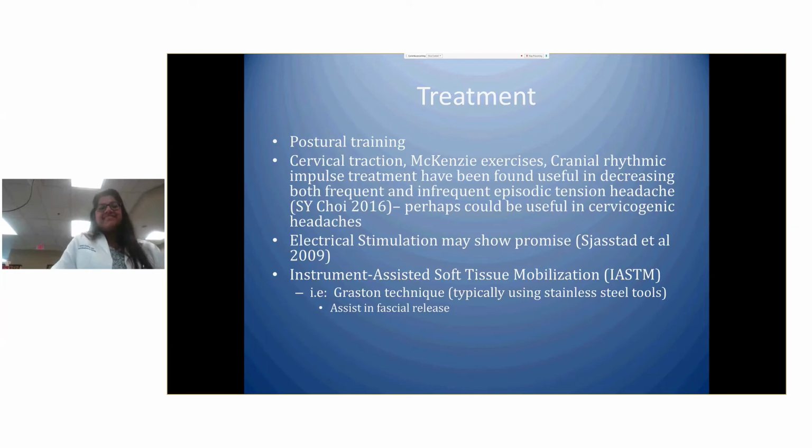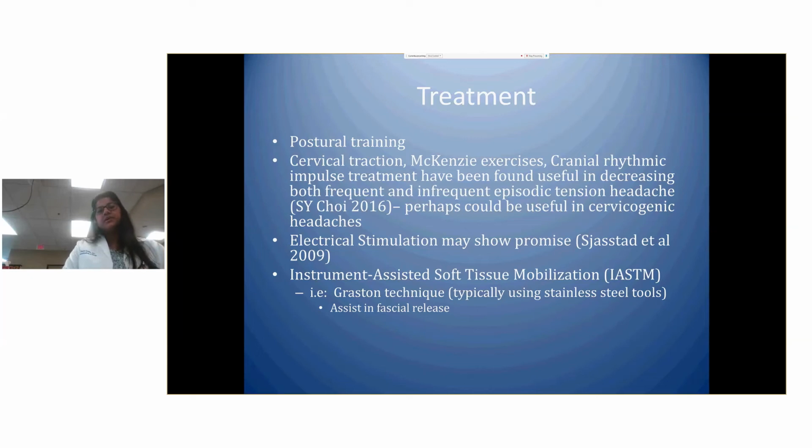So other techniques that haven't been studied specifically in cervicogenic headaches, but could be useful because they do decrease headaches, especially the episodic tension type headaches.